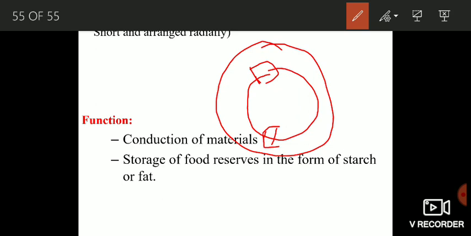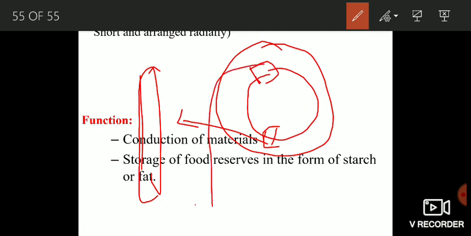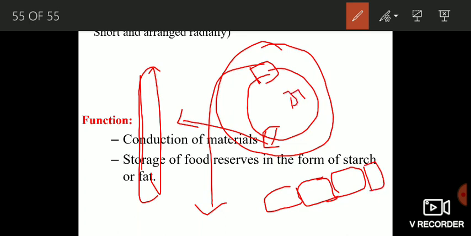Okay, the axial parenchyma has given rise to a long cell which is aligned parallel to the long axis of the stem, and this ray parenchyma has given rise to short cells which are arranged radially. Okay, radially means along the radius. Here they will be arranged like this. They will be arranged in the form of rays which diverge from the center of the stem.